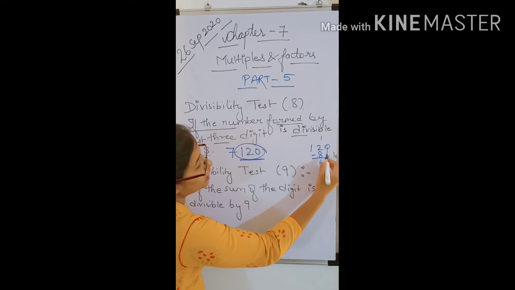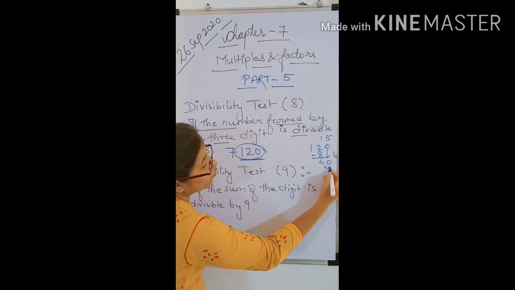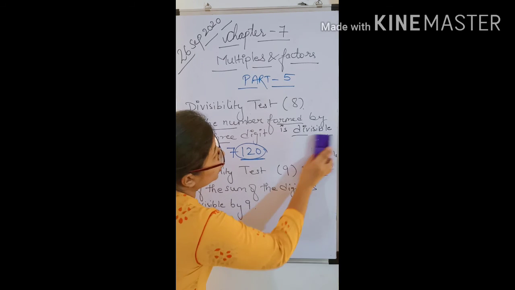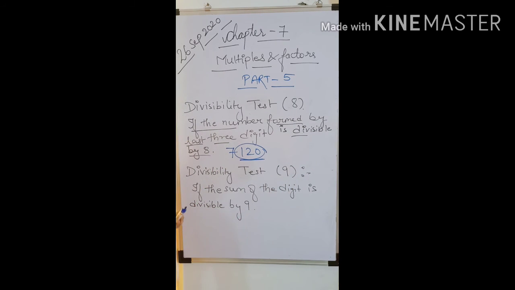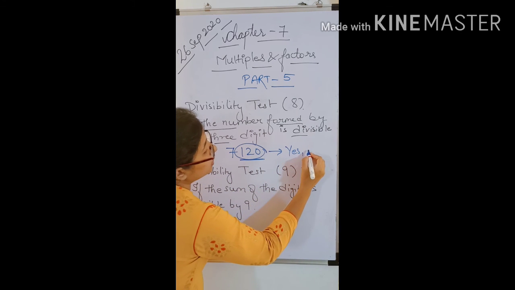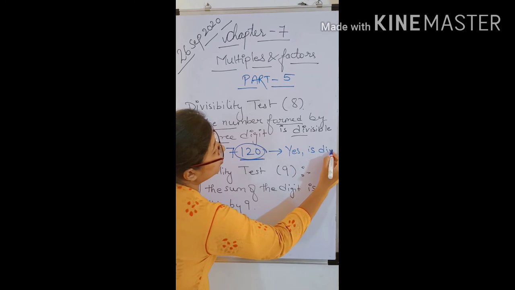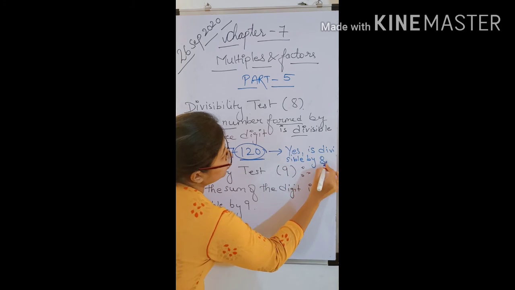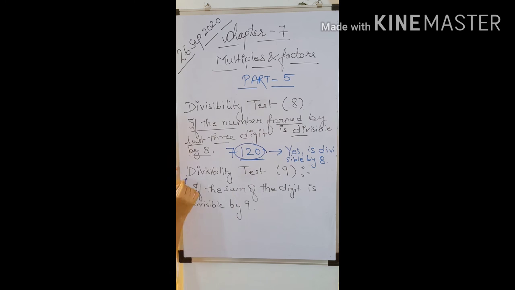You bring the number 0 down over here, and 8 fives are 40. So yes, the number 120 is divisible by 8. Hence the number 7120 is divisible by 8.